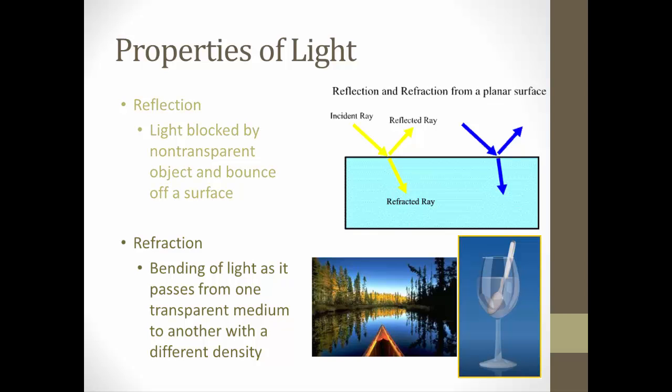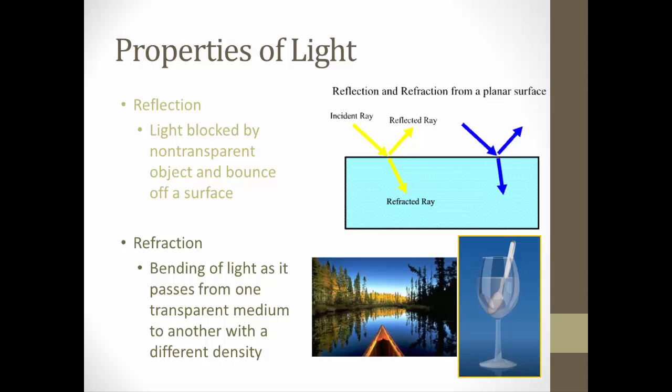Refraction is a bending of light when it passes from one transparent medium to another, and we see this here where the light going through air has one direction and then it's bent when it enters a different medium. Here the light would have to come through the water first and then the air before it reached our eye, so it looks bent.